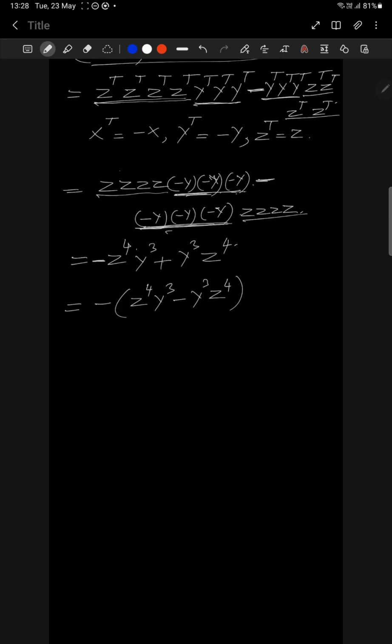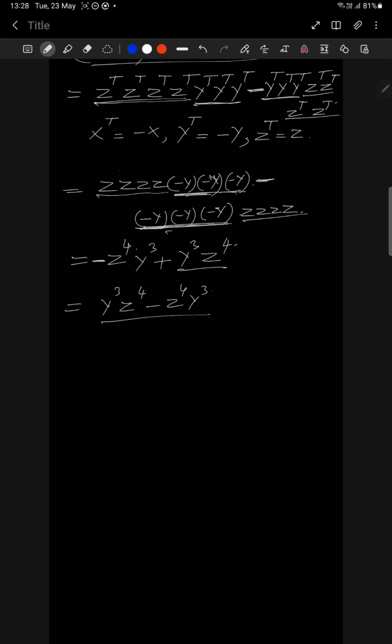I think we need not take the minus sign common. Actually this whole thing comes out to be y cube z4 minus z4 y cube.